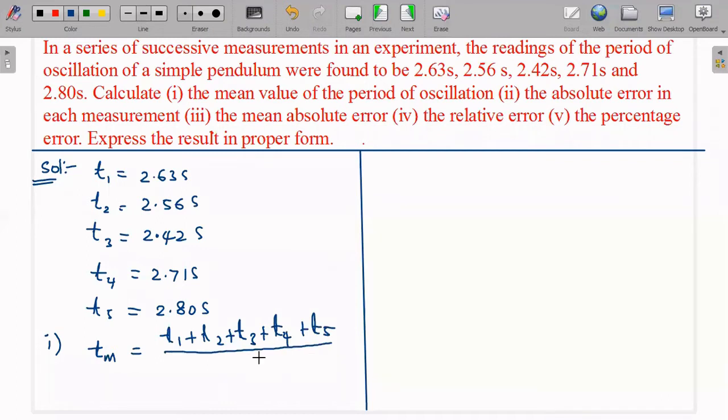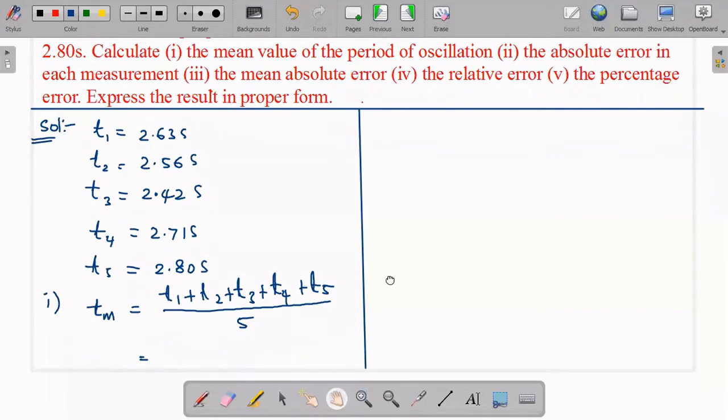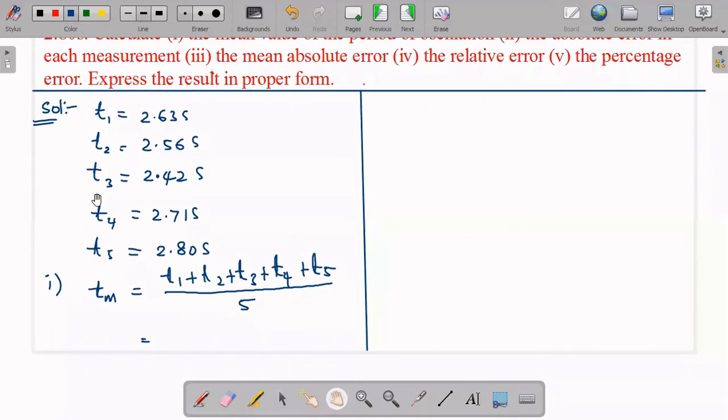Just a minute, let me move it a little up and do one more step over here. Now we'll take the average of all these. Somebody has already answered it.